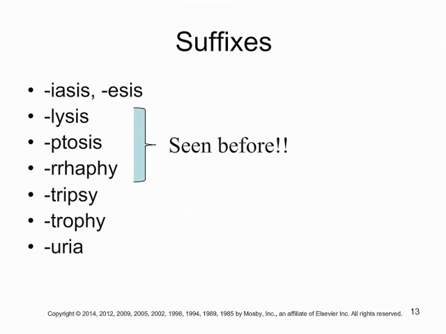Trypsy. Trypsy means surgical crushing. And this is going to be used when we talk about getting rid of stones. We can do something called surgical crushing, where you kind of manually go in and crush these stones to make it easier to remove. We also have trophy. I think we've seen this one before also, but trophy means nourishment or development.